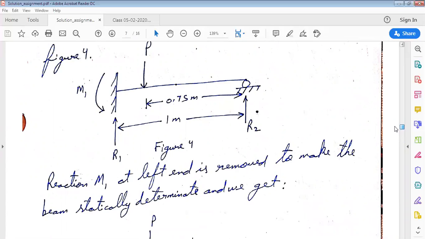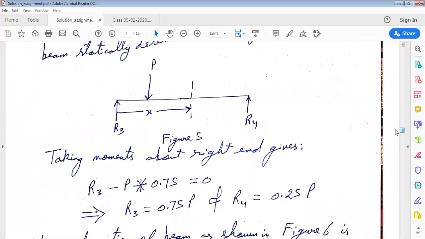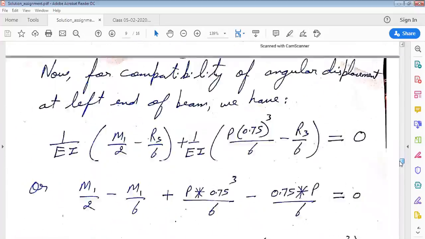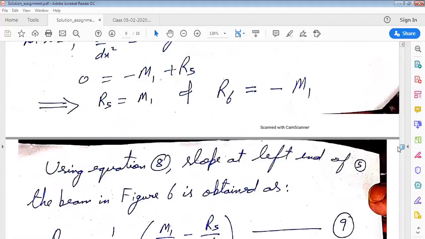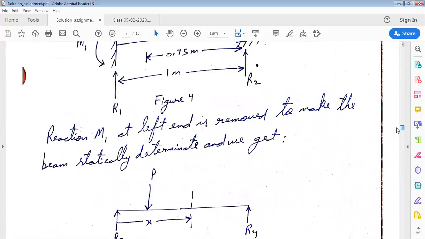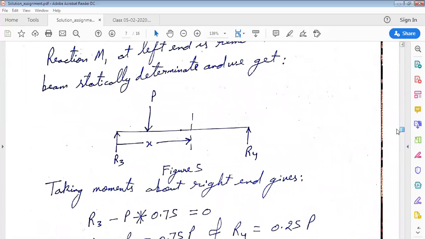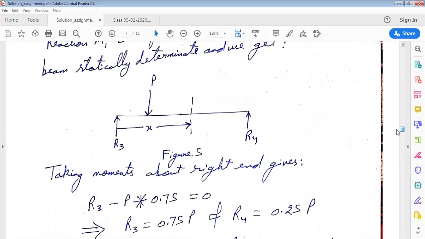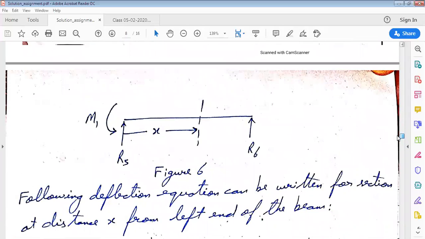So for compatibility of angular deflection at the left end, the angular deflection in this configuration plus the angular deflection at the left end in this configuration must be equal to 0.